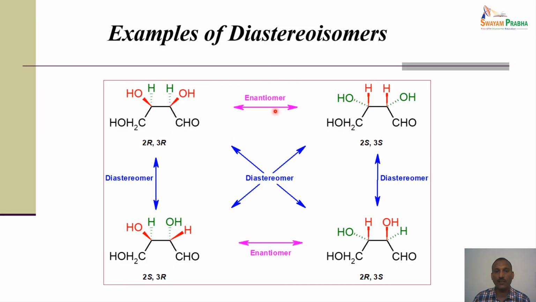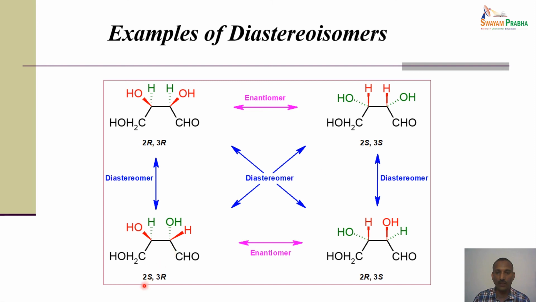So here is another example where we can actually go through. 2R, 3R and 2S, 3S are called enantiomers, whereas 2R, 3R and 2S, 3R: 3R remains the same, only 2R becomes 2S, that means these two are diastereomers. The same way here, if you look at 2S and 3R, here it is 2S and 3S.